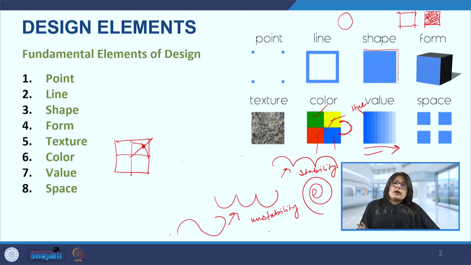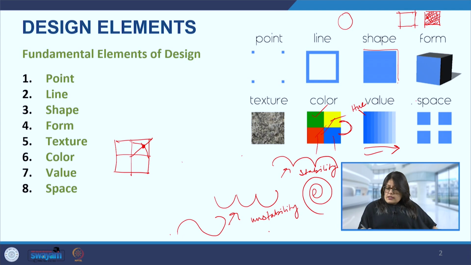And finally we have space. So space is the space around our elements and also the negative space. Oftentimes we do ignore the negative space, but that is also very relevant, because how the negative space is encompassing the main elements and what is happening in that negative space becomes important, because it also affects the main object as well.